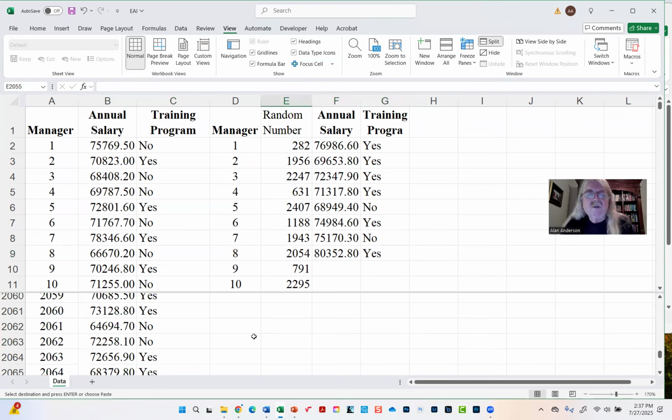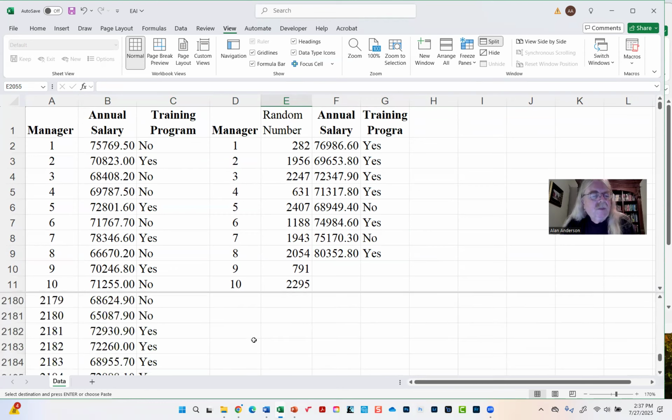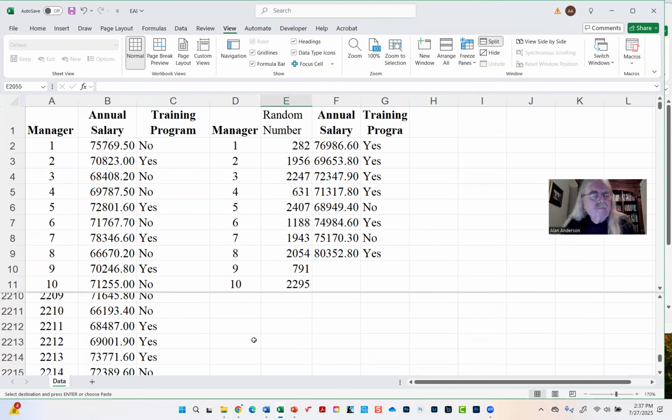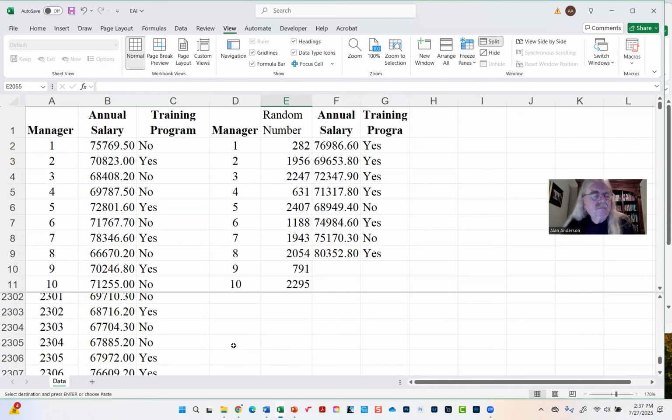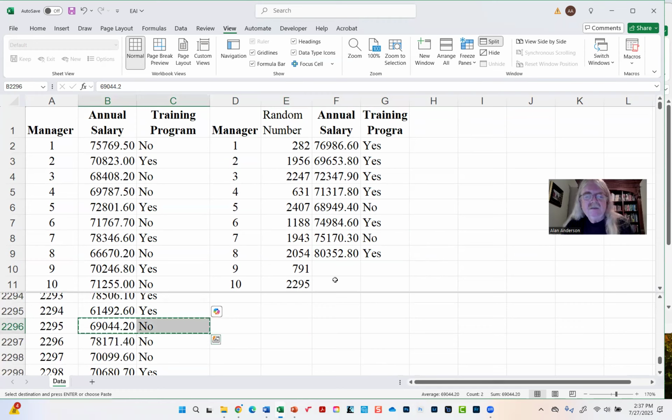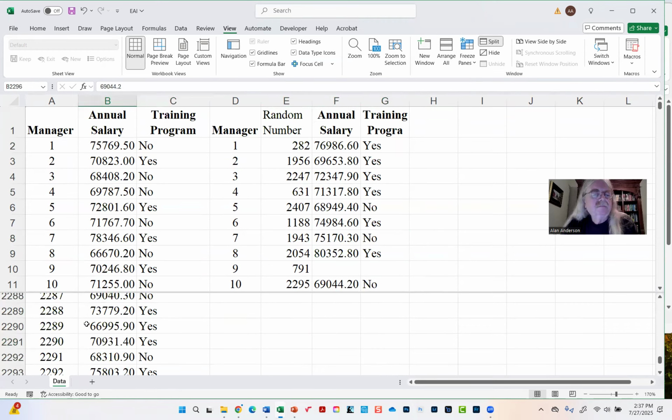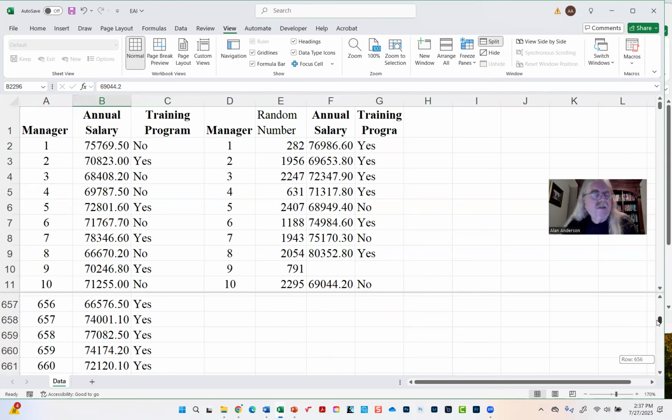Well, since we're closer to it, I'll go do 2295 next. There's nothing that says I have to do these in the right order, but here we go. And then finally 791. Just way, way up here. Here we go.